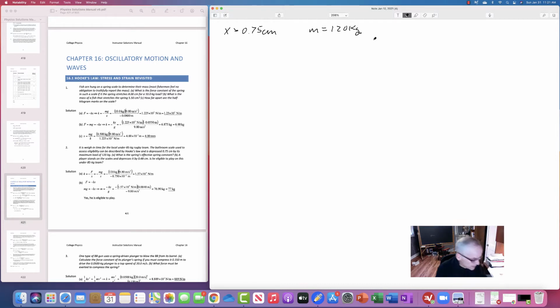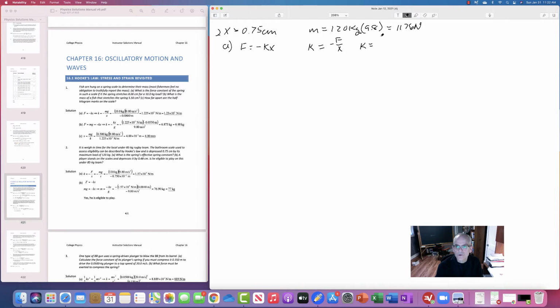In order to do this, first I converted this mass to a force, and if you do that, you get 1176 newtons. And then you remember that force is equal to a negative spring constant times the change in x. We want the spring constant, so that's going to be negative F over x, and x is depressed, so that's a negative number.